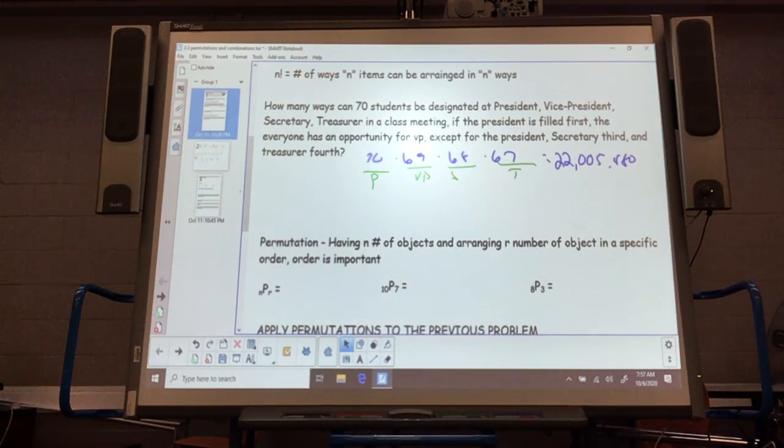Having n number of objects and arranging r number of these objects in a specific order. Order is important. This is called a permutation.